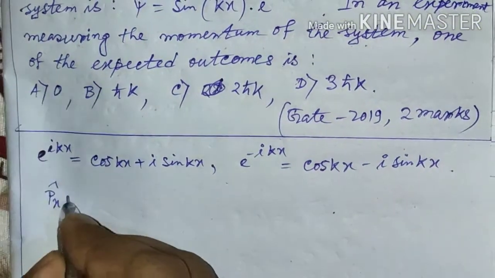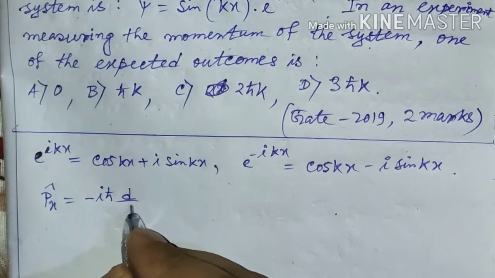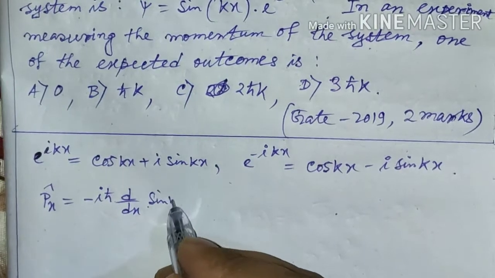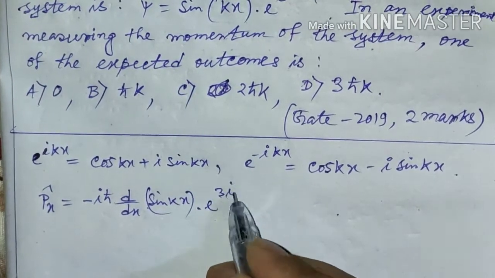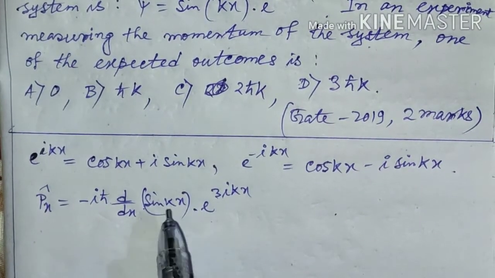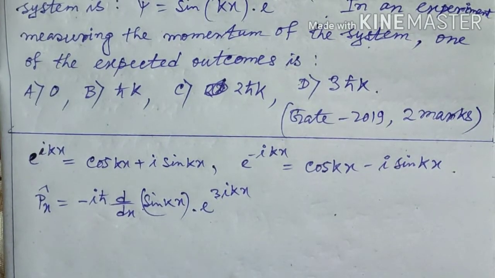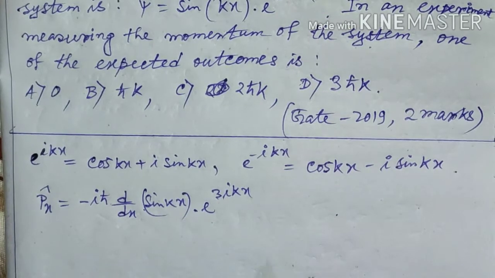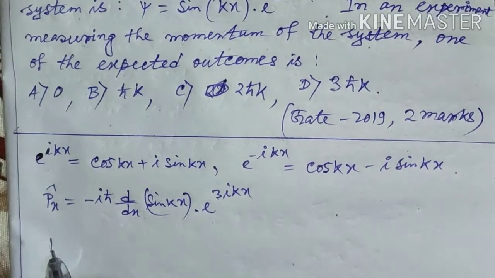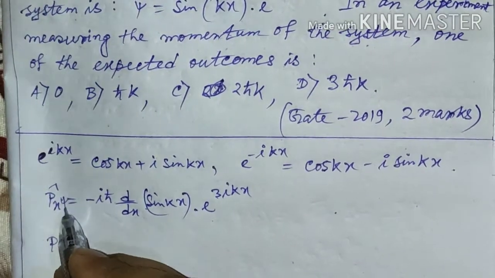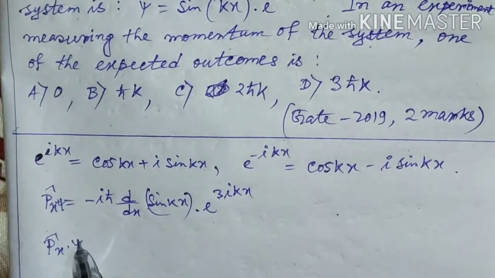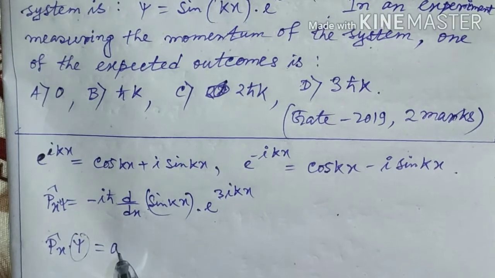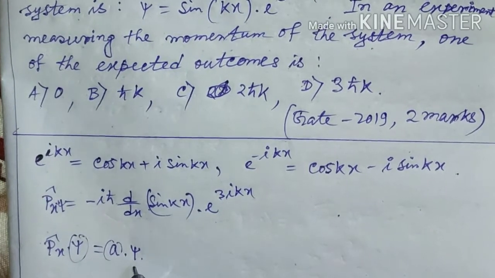The momentum operator is minus i h cross d/dx, and if you apply this operator on the given wave function, after the first differentiation you will get the cos kx term, and it will become very difficult to convert the whole equation into the form where px operating on the eigenfunction is equal to eigenvalue multiplied by the eigenfunction.